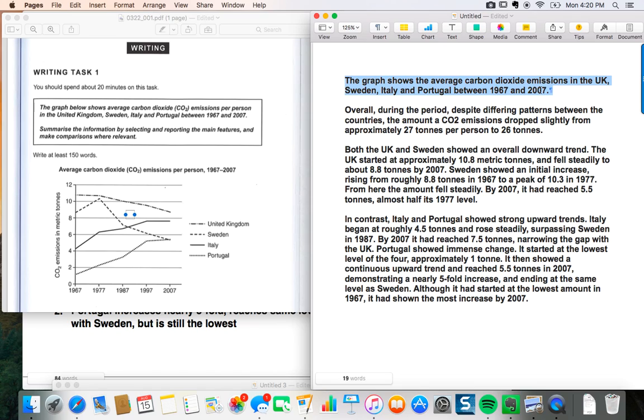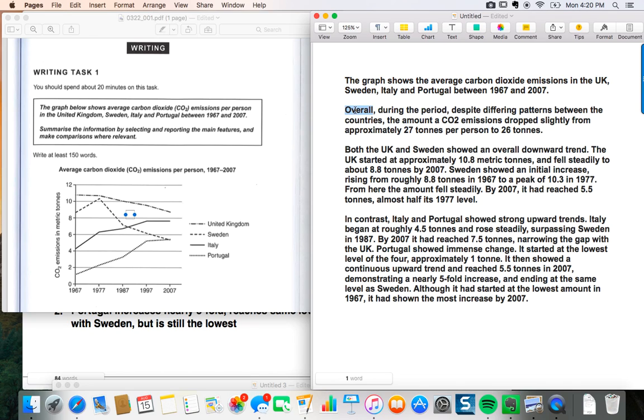In the end, if you don't change it, they just don't count it in your word count, and that's fine. It just means that you have to make sure that after this, you write 150 words. Because even if you make small changes, they still won't count it. So you don't have to copy it, but if you do copy it directly, it doesn't make a big difference, as long as you get over 150 words.